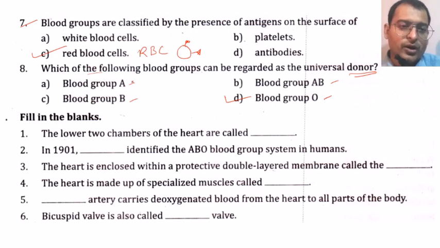A blood group will accept only from A group. B blood group will only accept the blood from a person who has B blood group. A person who is AB can only take blood from the AB blood group.